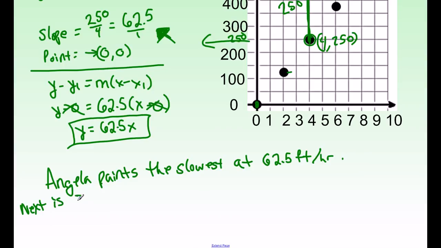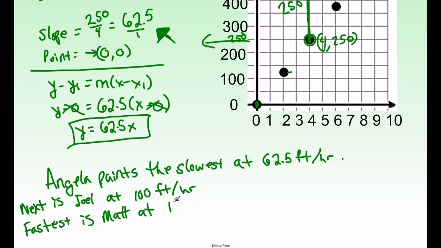Next is Joel at 100 feet per hour. Fastest is Matt at 150 feet per hour.